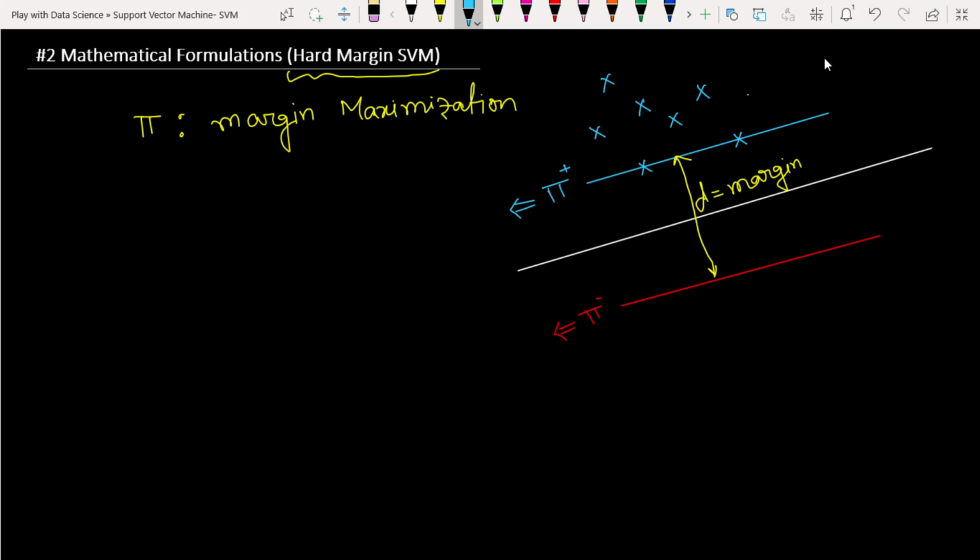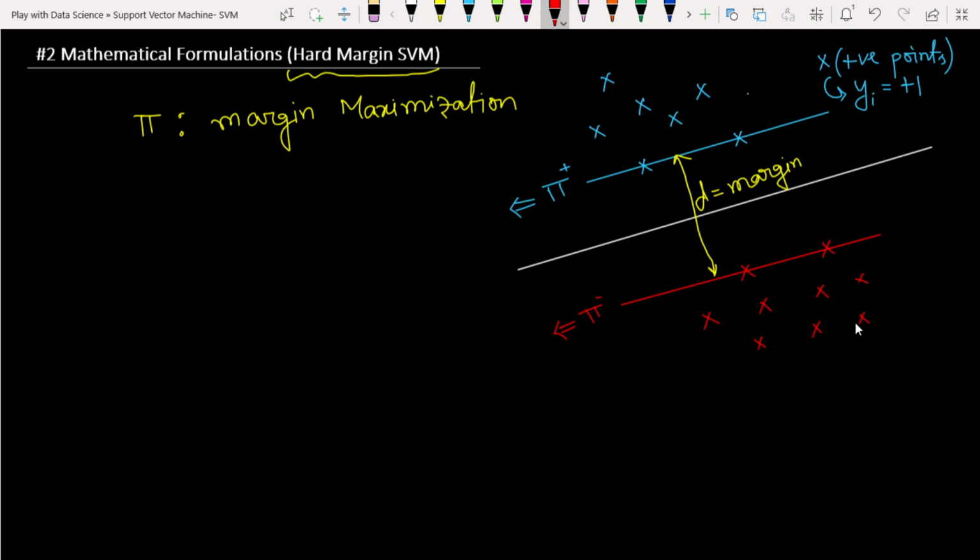Okay, and I denoted these as our positive points, and for all positive points our yi is equal to +1. Similarly, these are our negative points, and these negative points are also support vectors, and these are the non-support vector negative points.